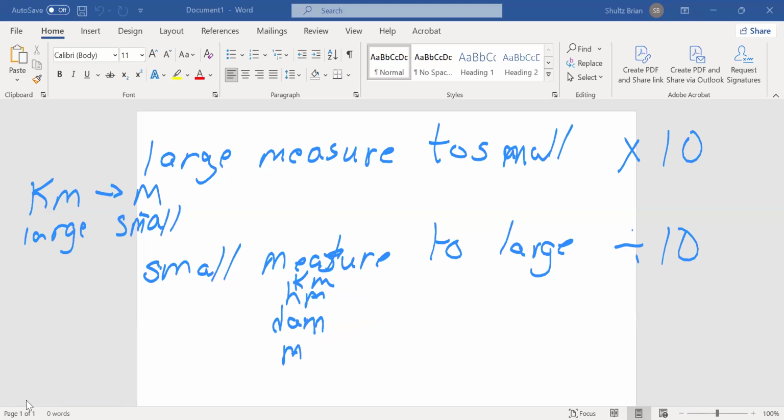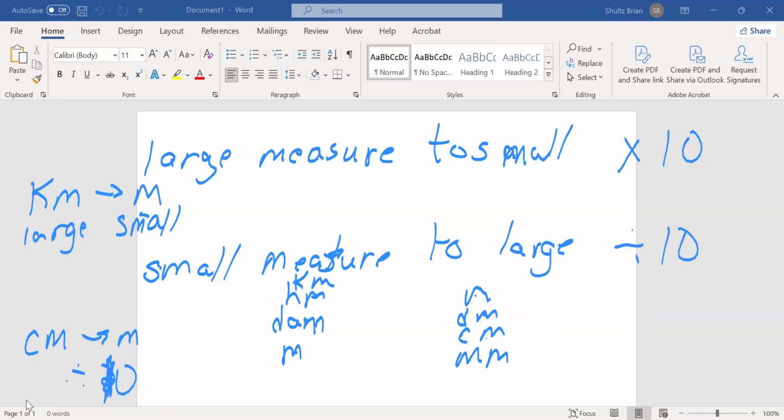And if I'm going the other direction from, say, centimeters to meters, I've got meters here, decimeters, centimeters, millimeters. I'm going 1, 2. So I divide by 10 twice, not divide by 20. That's a poor miss right there. It's divide by 10, then divide by 10 again, not dividing by 20.